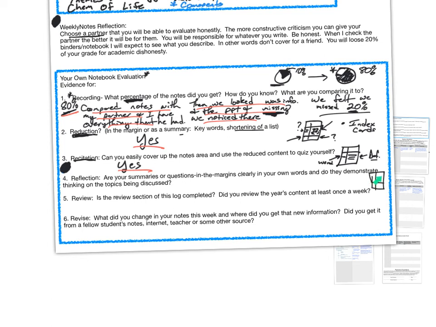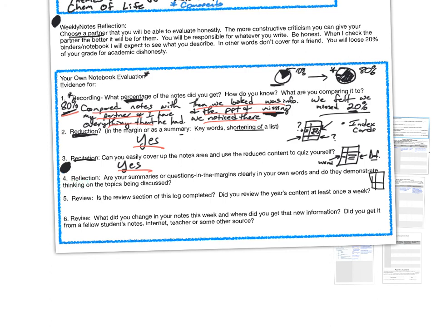So when we talk about taking notes, those questions, a summary that summarizes in your own words and shows that you've thought about the problem, and questions that are thoughtful, are very good examples of reflection.